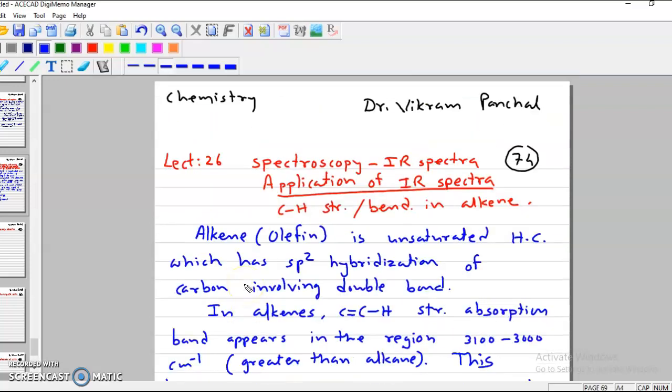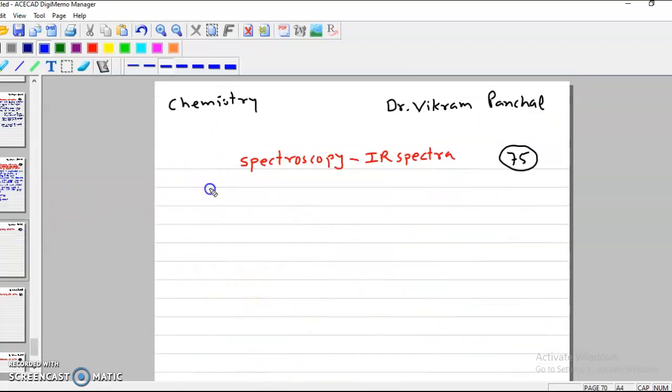Now CH bending appears between 1000 to 650 centimeter inverse.